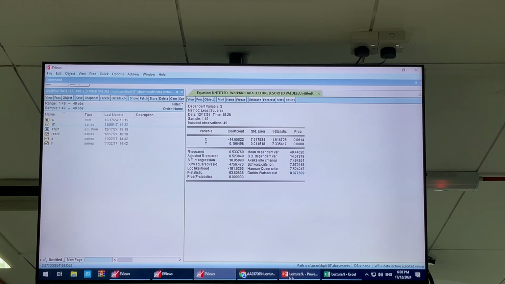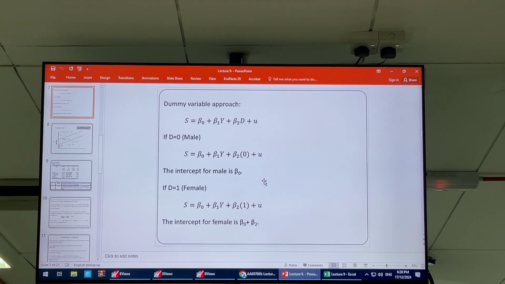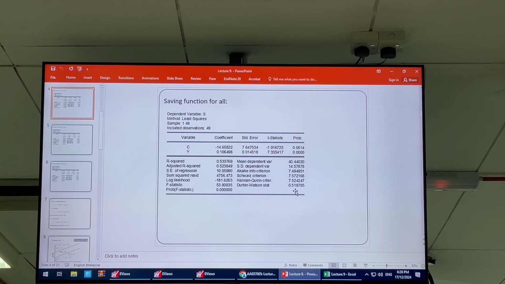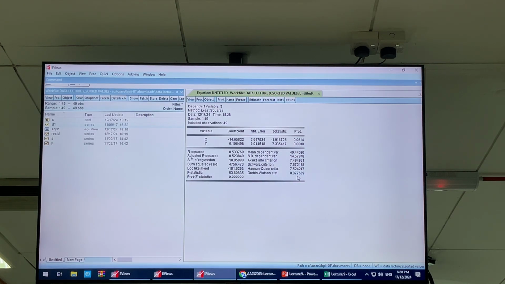But if you use the first observation before we sort the data, it was 0.51. When you change the order, you sort males first and then followed by females, we estimate again and we get 0.87. Meaning that the Durbin-Watson is not valid for the case of cross-sectional data. In cross-sectional data we can change the order.